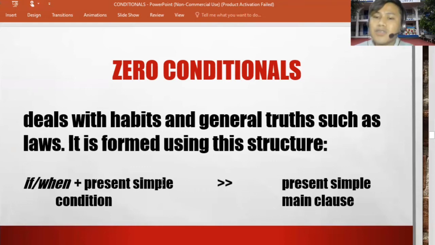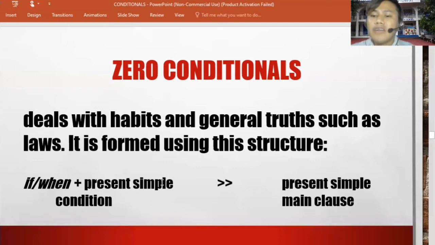Understood? So we should not make use of verbs that are in the past form. We are just going to use the main verb, the base form of the verb, in stating our condition under zero conditionals.